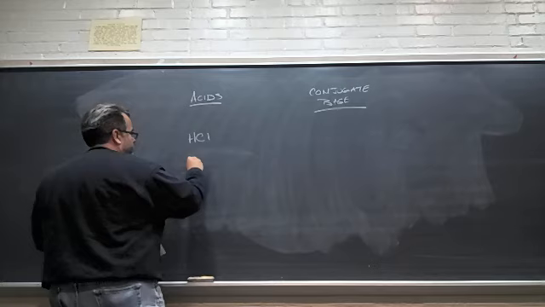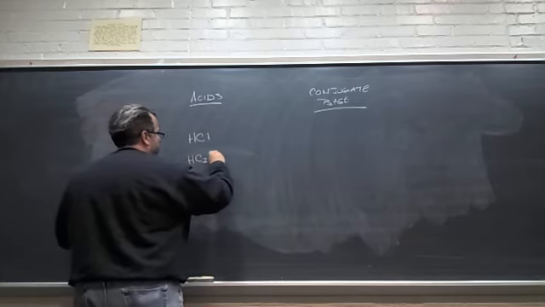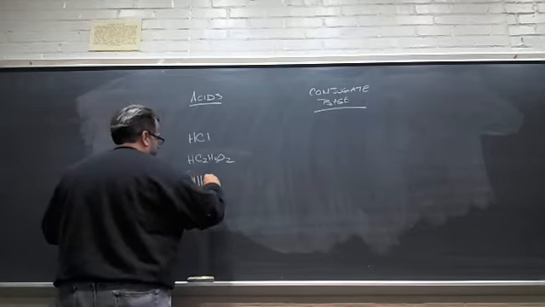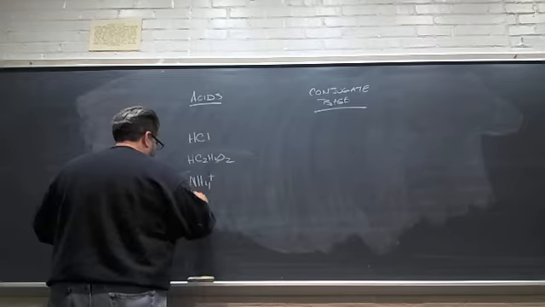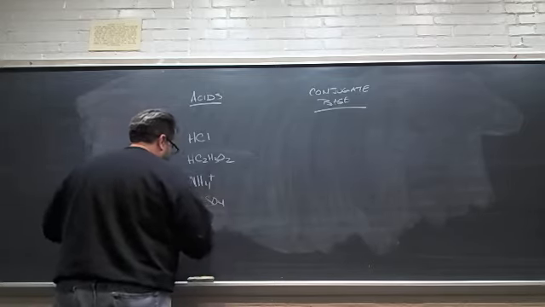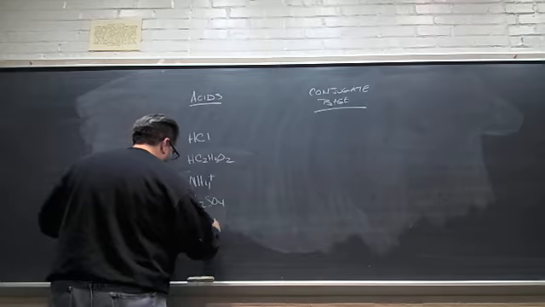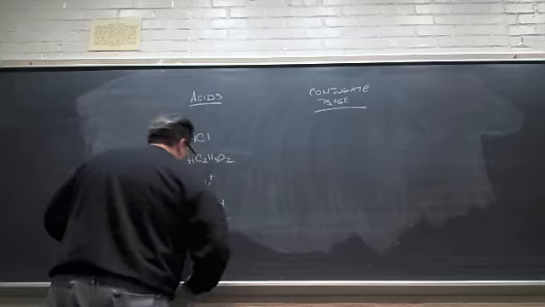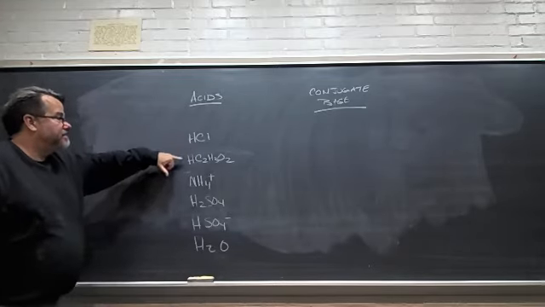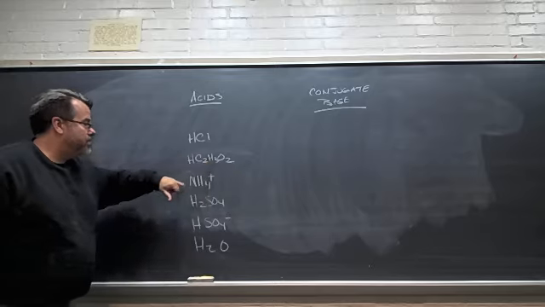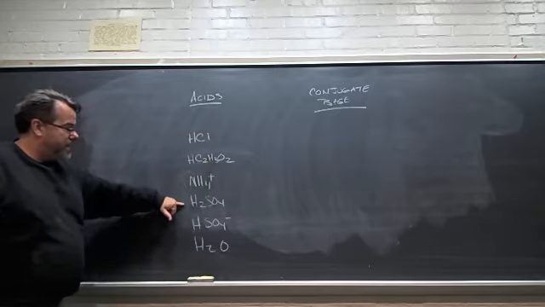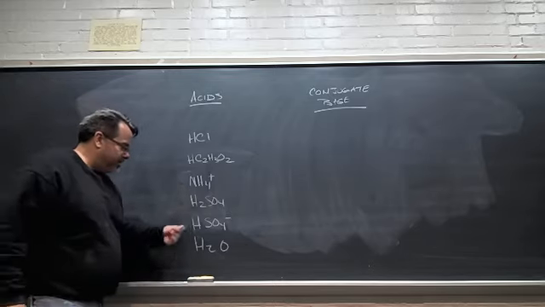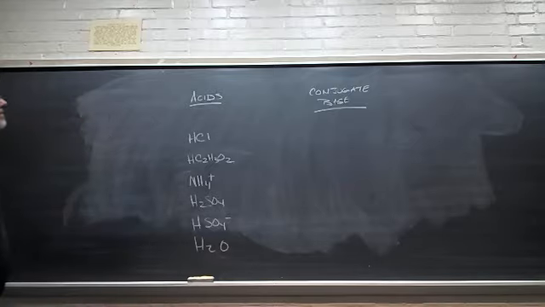Same compound, but I'm going to write the formula differently. All right, so we've got HCl, HC2H3O2, NH4 plus, H2SO4, that's sulfuric acid, HSO4 minus, that's the hydrogen sulfate ion, and water, okay?